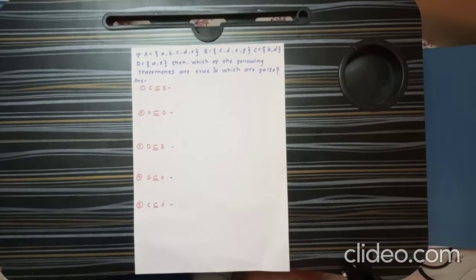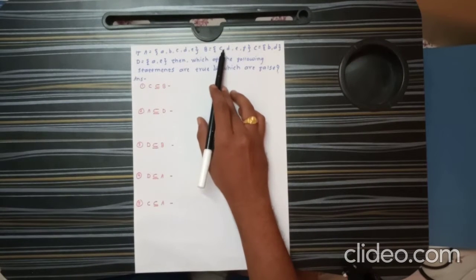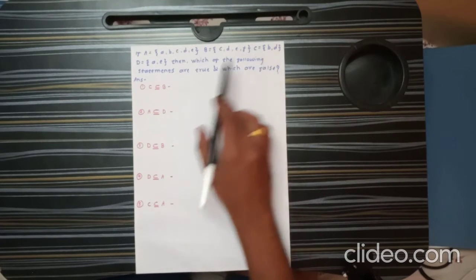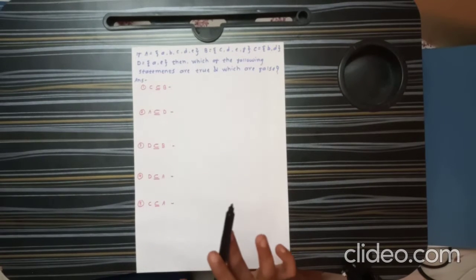Set C can be called a subset of set B when all the elements which are present in C are present in set B. But in this case, C is having b and d, but this capital B set is not having a small b which is present here. So we cannot say that set C is a subset of set B.